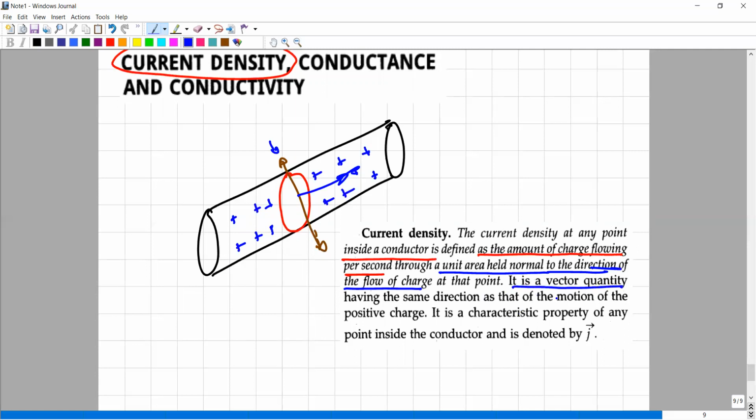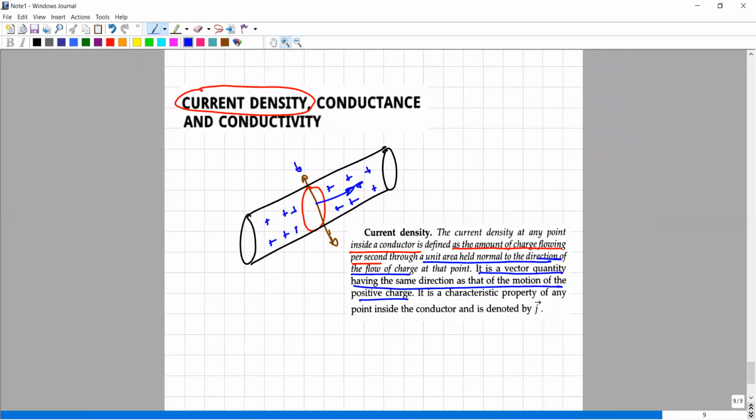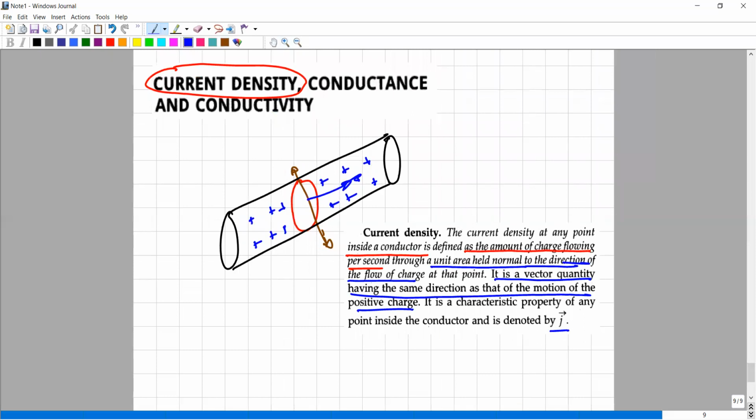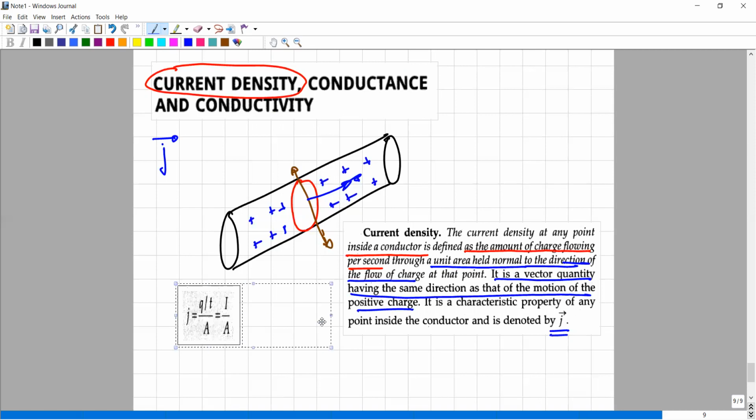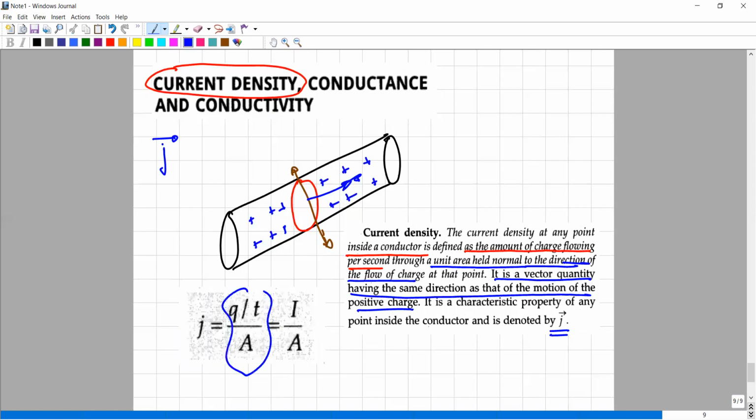It is a vector quantity because it also has a direction, the same direction as the motion of the positive charge, and it is denoted by J, with a vector sign on top. Now J is equal to I by area, or current over time by area.